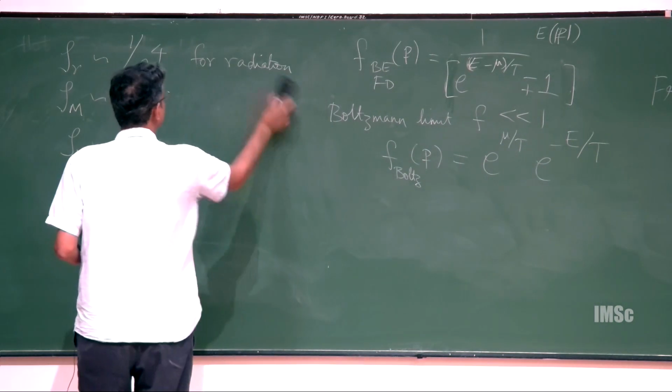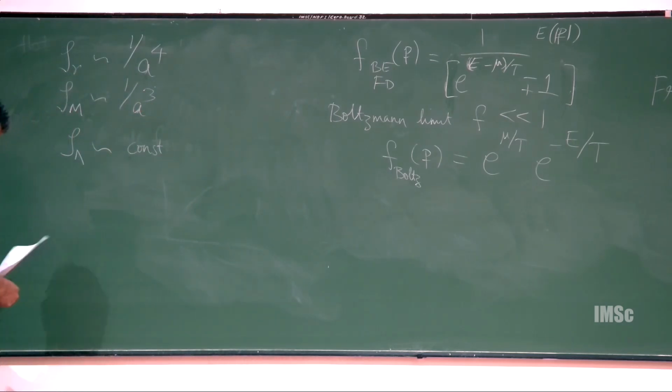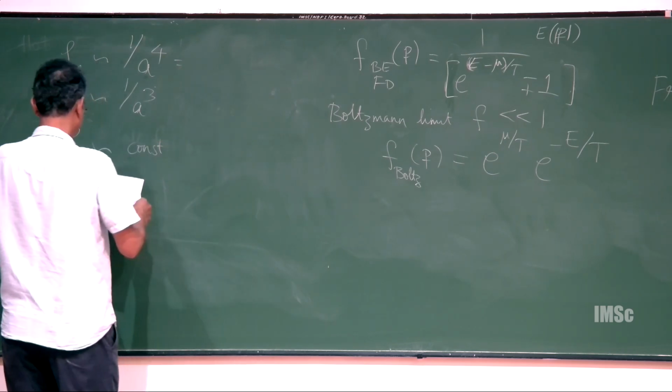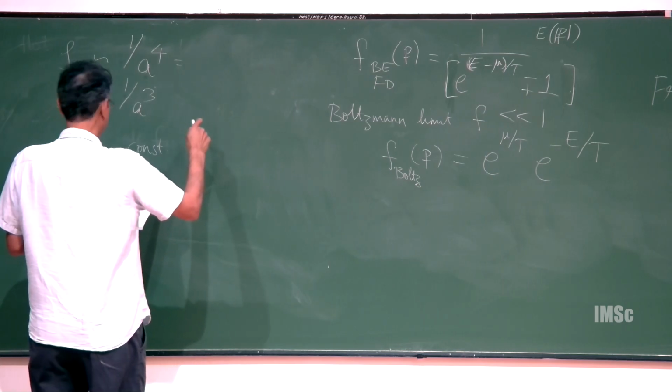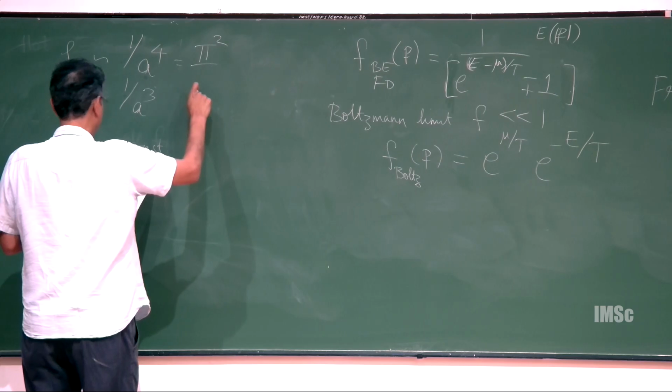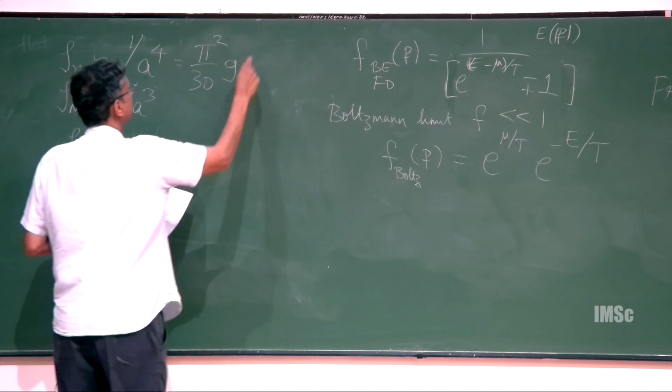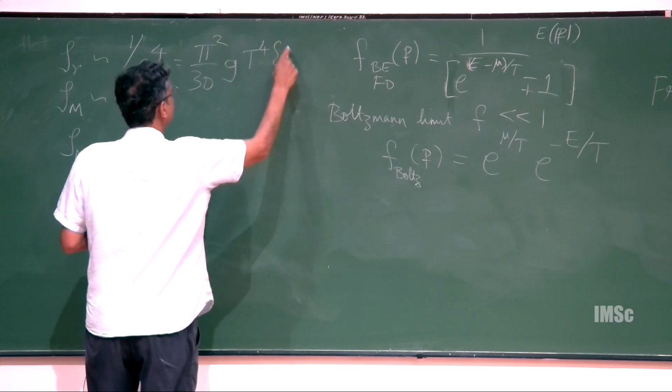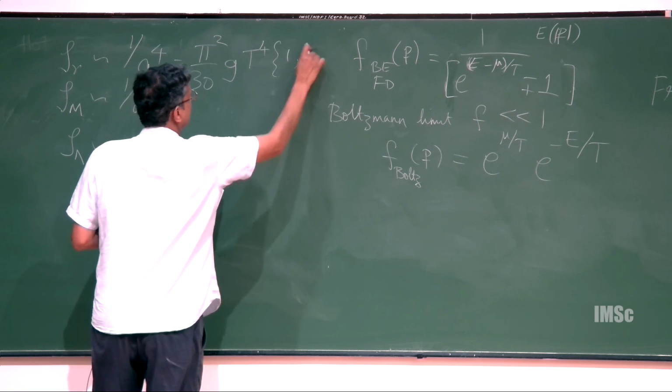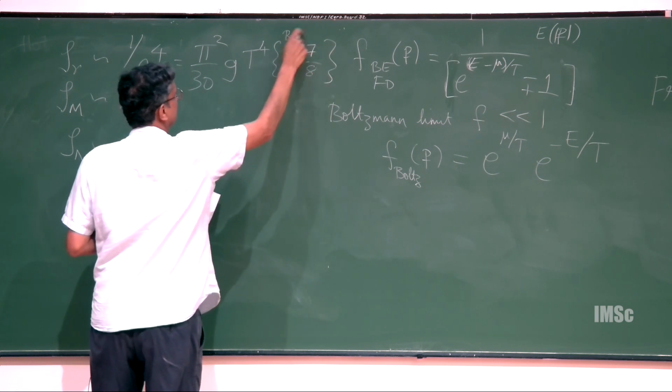So there is T to the 4th. So rho r will be, for the quantum distribution, it will look like this: one form for Bose-Einstein and one for Fermi-Dirac.